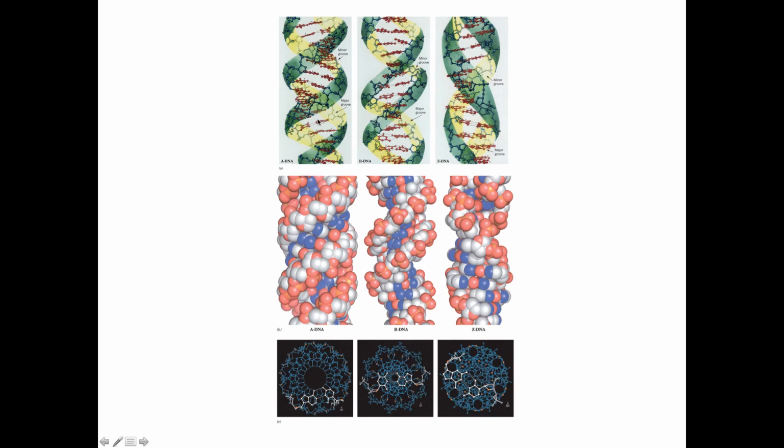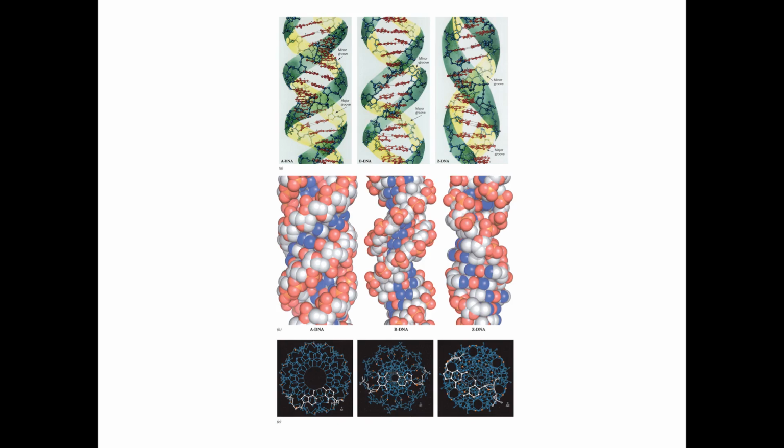In the case of A-form and B-form DNA, the structure forms right-handed double-strand DNA. But Z-form DNA forms a left-handed double-strand DNA, quite different.